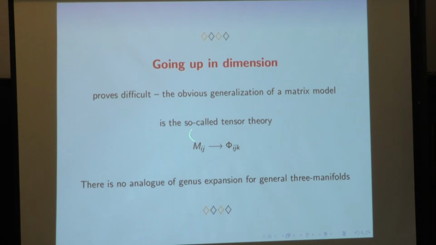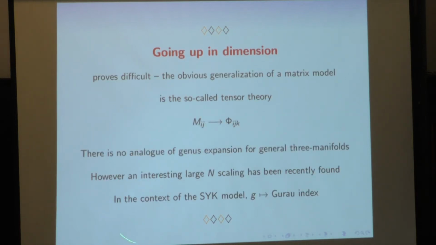Nevertheless, in recent years, people have rediscovered these tensor models in connection to the so-called SYK model, where some kind of expansion in topologies of 3-manifolds seems to be taking place, but what is the main topological characteristic of 3-manifolds is not really understood.